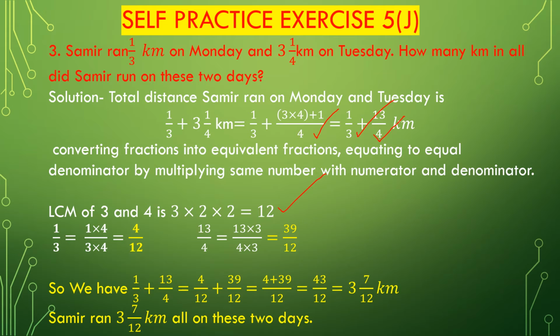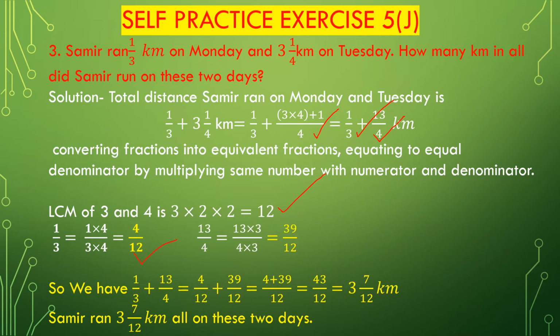Now we convert the fraction 1 divided by 3 into an equivalent fraction with denominator equal to the LCM 12. We know multiplying the denominator 3 with 4 we get 12, the LCM of 3 and 4.